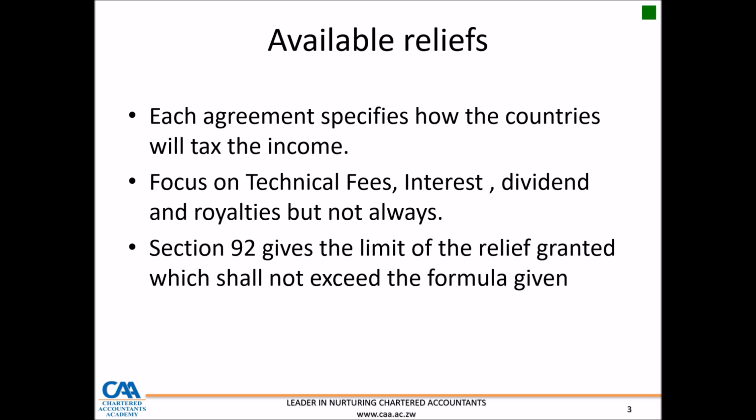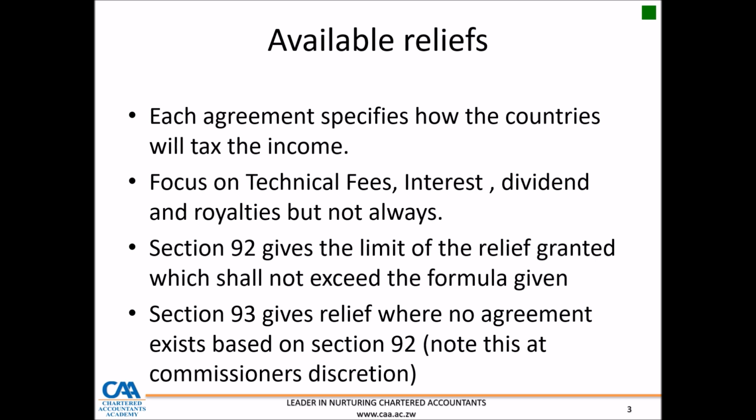So in other words, Section 92 limits the maximum amount of relief you can get to the lesser of the ZIM tax or the foreign tax paid.